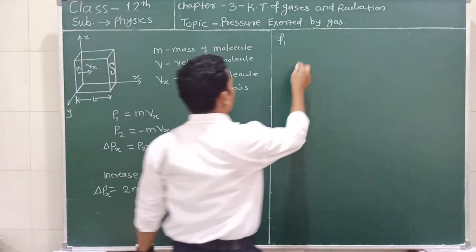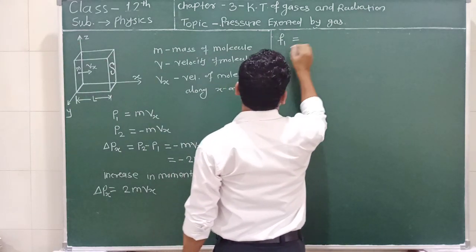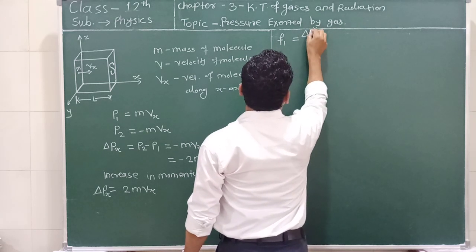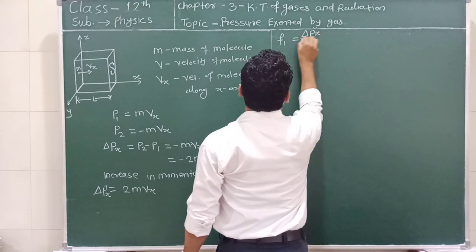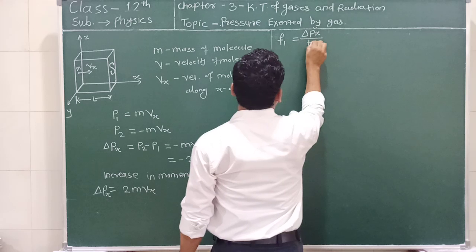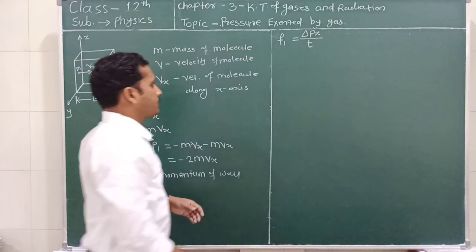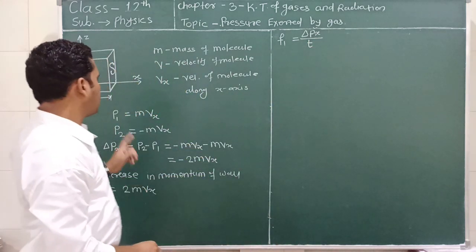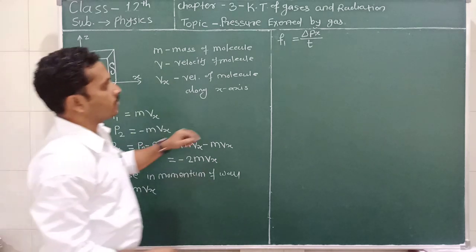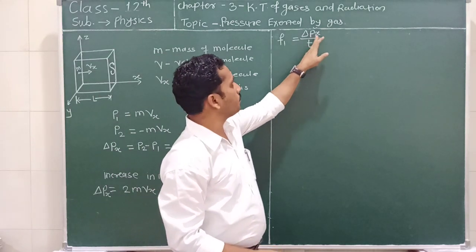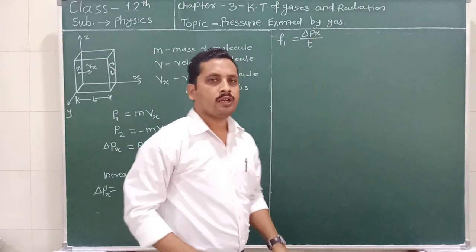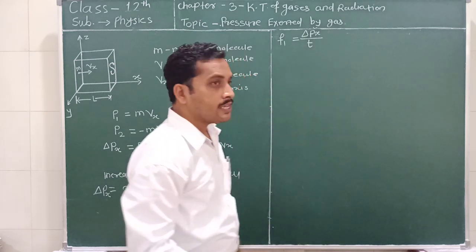And how can the force be calculated? This force can be calculated as the rate of change of momentum with respect to time. So F1 is the force exerted by the first molecule on the wall of the container, which is equal to delta Px upon T.